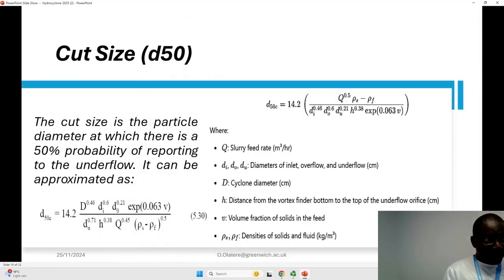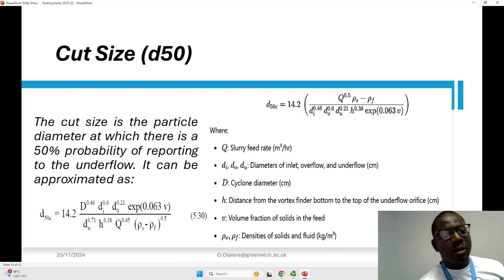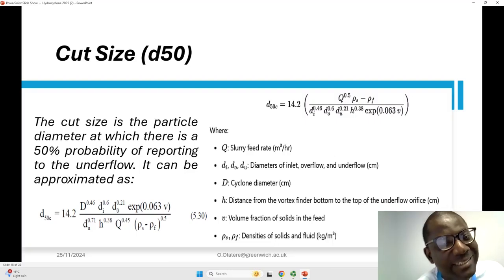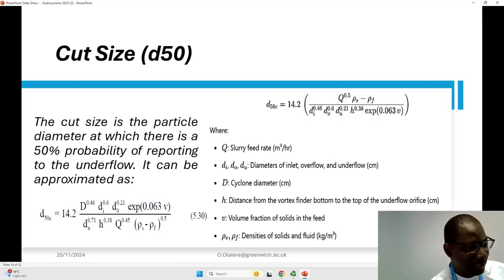Now, back to the question. Forget about cut size mark; it's cut point size. Cut size is the particle diameter at which there is a 50% probability of reporting to the underflow.